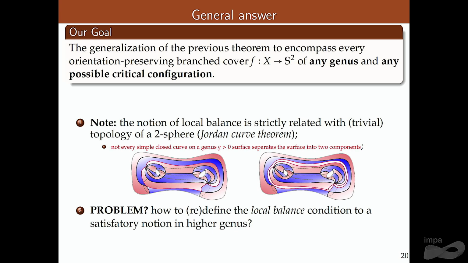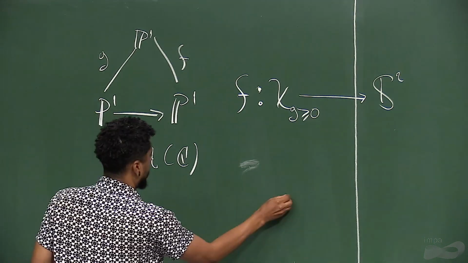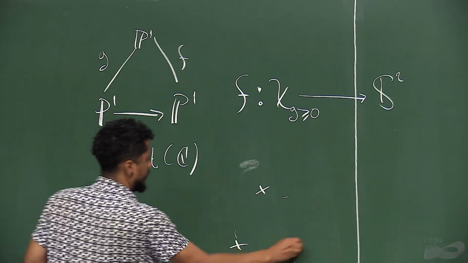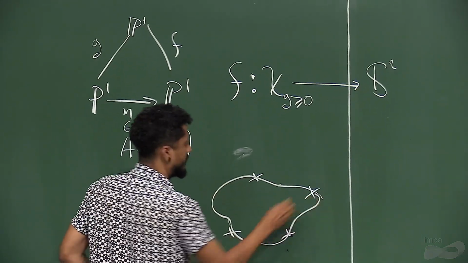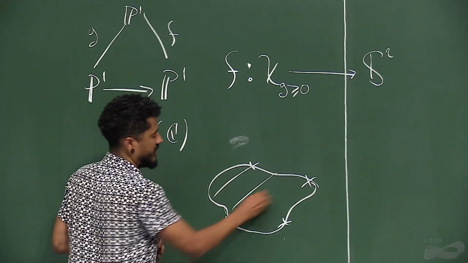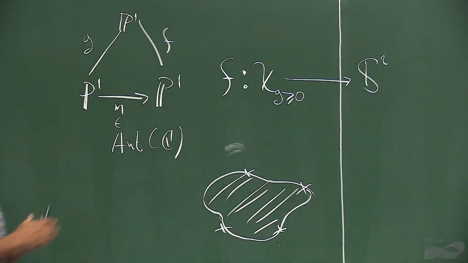But note that the balance condition is strictly related to the topology of the sphere, no? Because you choose a Jordan curve passing through the critical values, and then you color it and pull back.